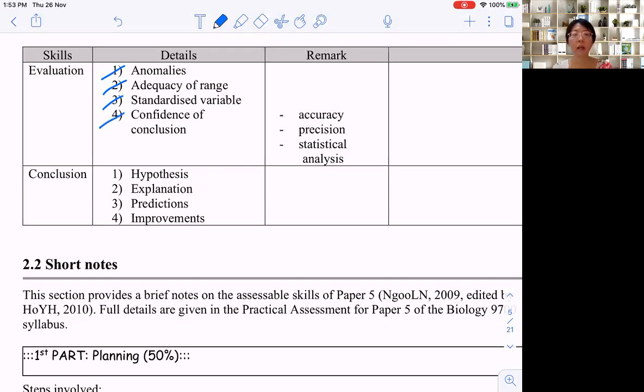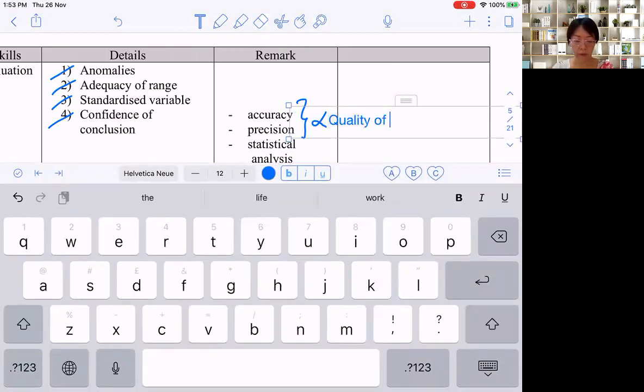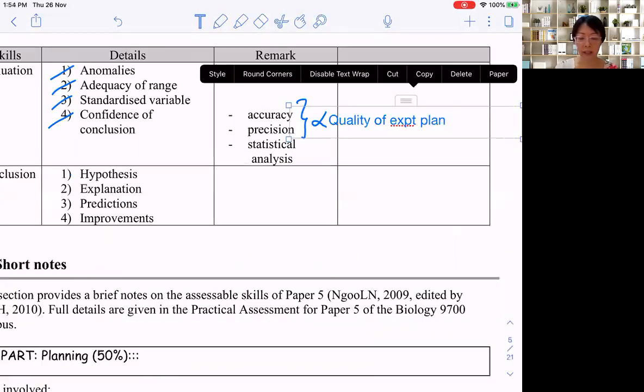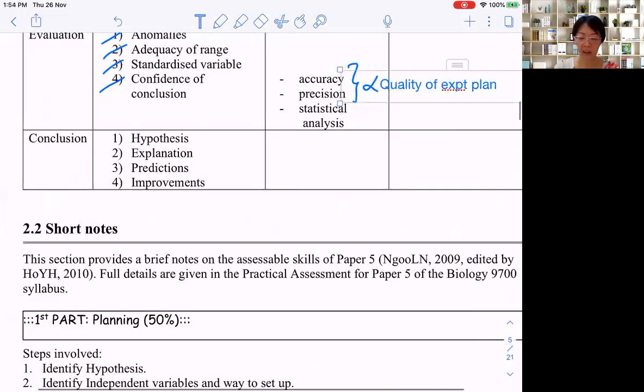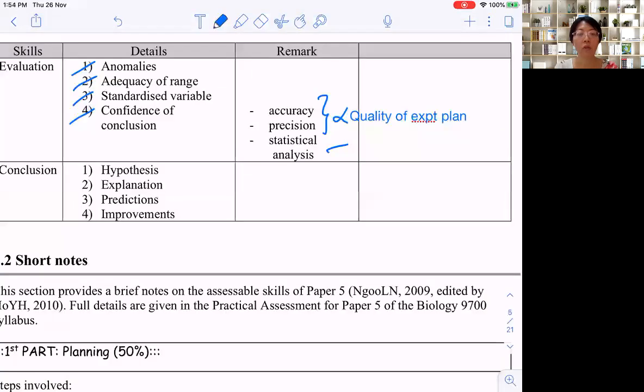Also, the confidence of your conclusion depends on, number one, the quality of the planning, number two, the accuracy and precision, which depend on the quality of the experimental plan, and also the statistical analysis. Okay, so these will give you the confidence of the conclusion, whether the conclusion is valid, reliable, or accurate or not.